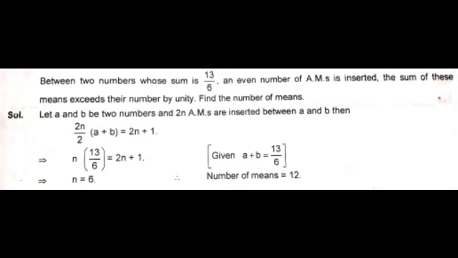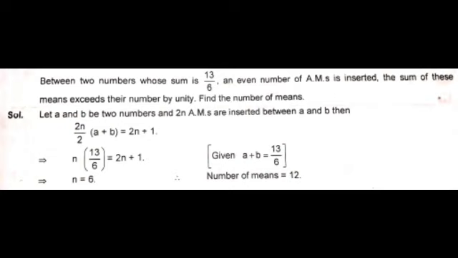So let A and B be the two numbers and 2n arithmetic means are inserted between A and B. Then according to the given situation, because it is given that the sum of these means exceeds their number by unity, using that concept we can write 2n divided by 2 into (A plus B).